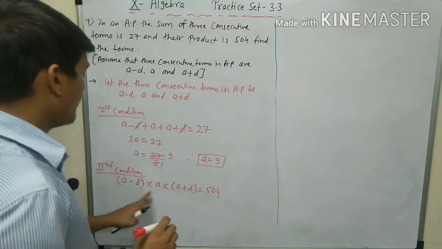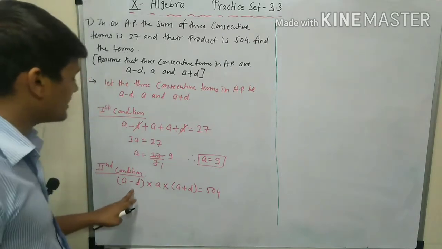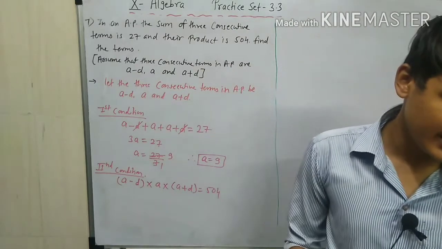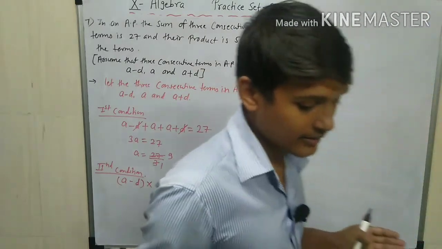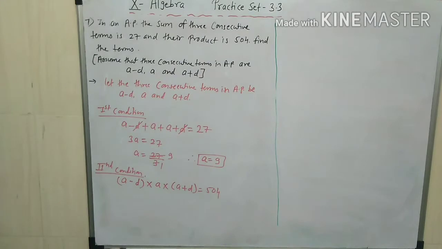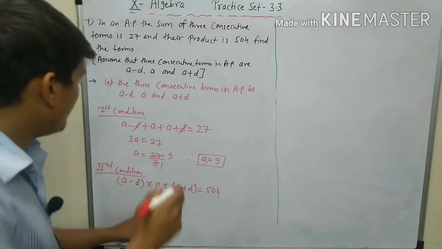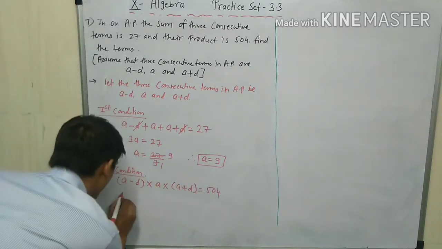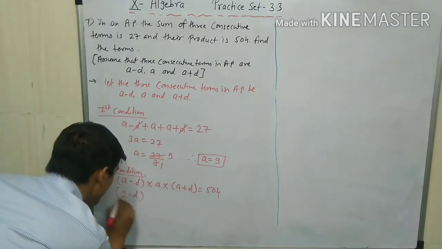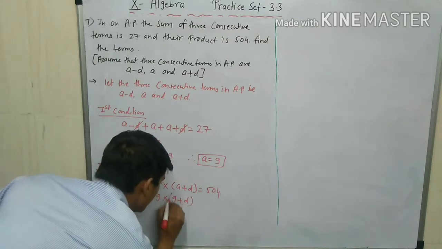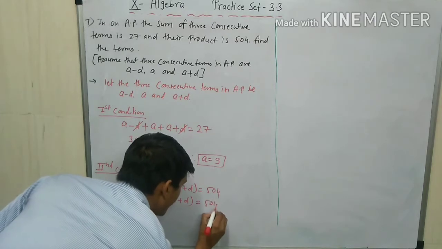Understood? Now there is a minus d and a plus d, which gives a square minus d square. Now the value of a is what? We can put here 9. So (9 minus d) into (9 plus d) is equal to 504.